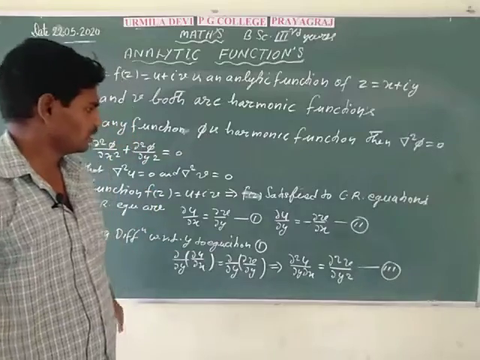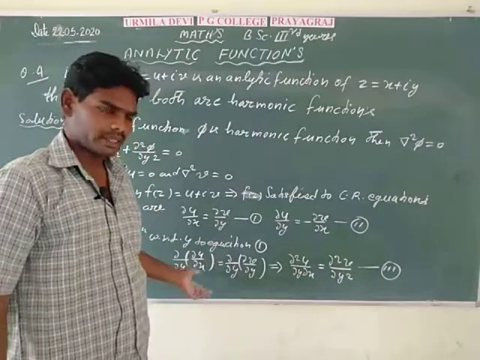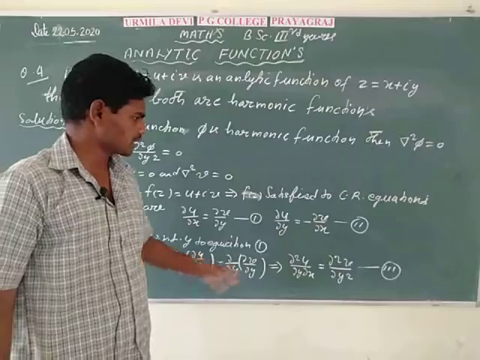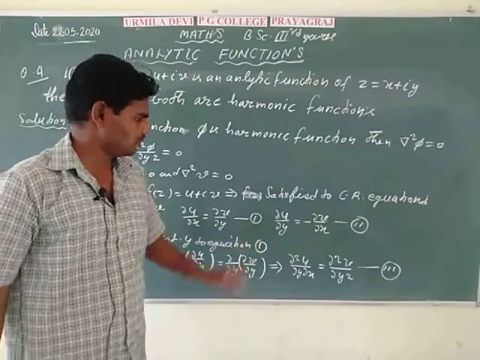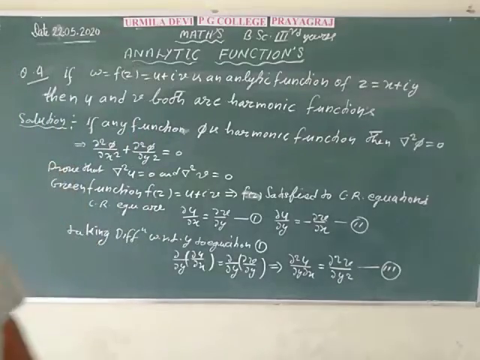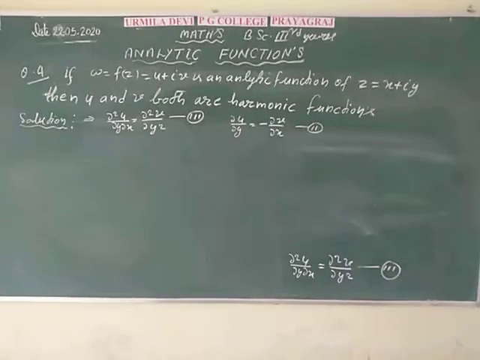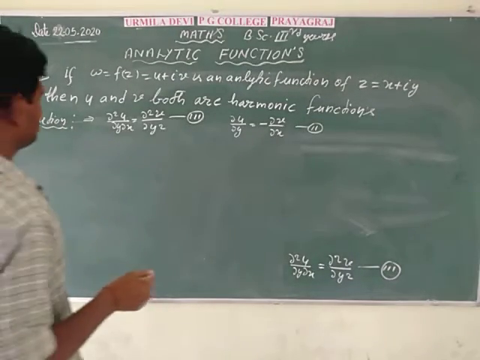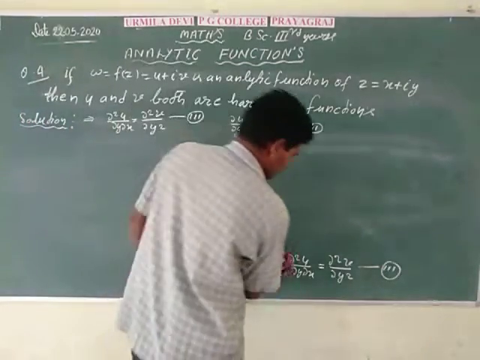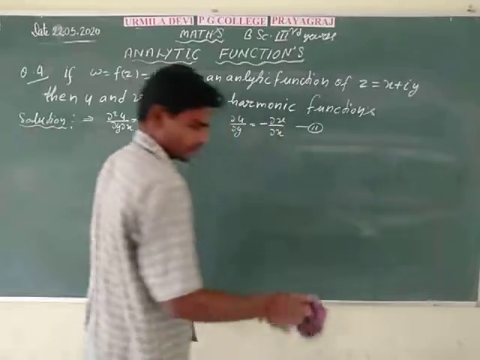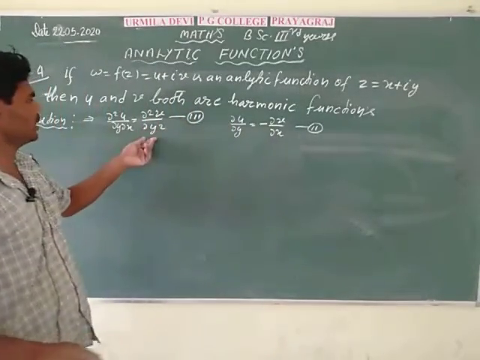Now, in the same way, taking partial differentiation of equation second with respect to x. In equation third, del square u by del x del y is equal to del square v by del y square.